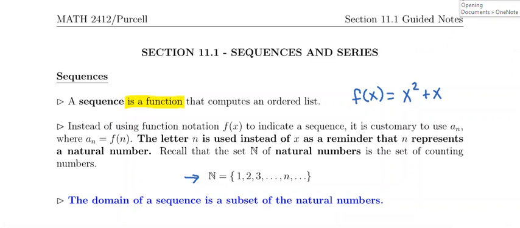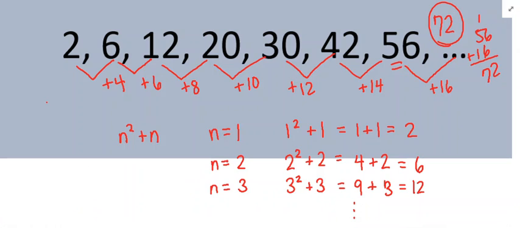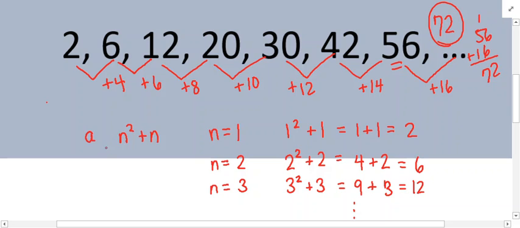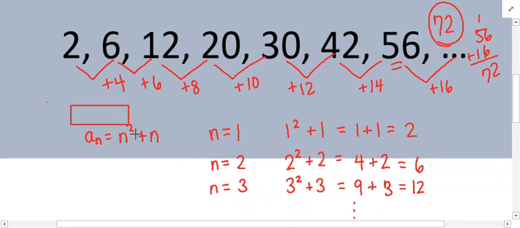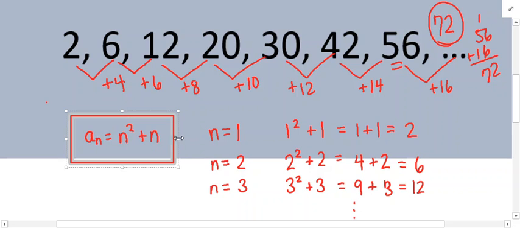Okay? So going back to the sequence that we looked at, remember, I had a rule to follow: n squared plus n. To make this completely in function notation, I'm going to call this a_n equals. This is going to be my formula for the sequence. This is the rule that we're going to follow, and we're plugging something in and getting something out.